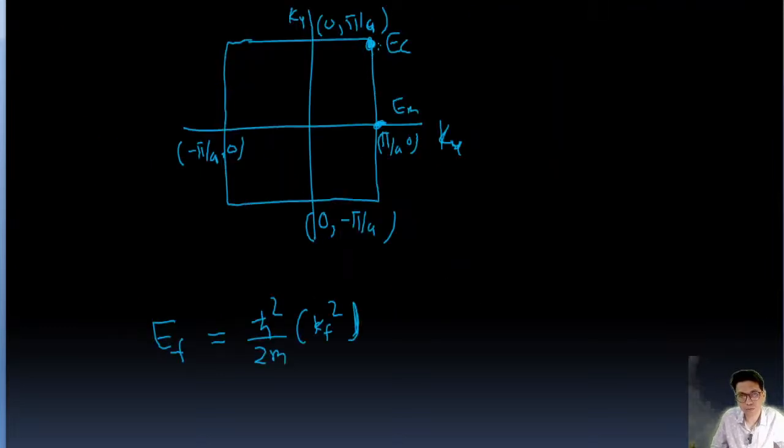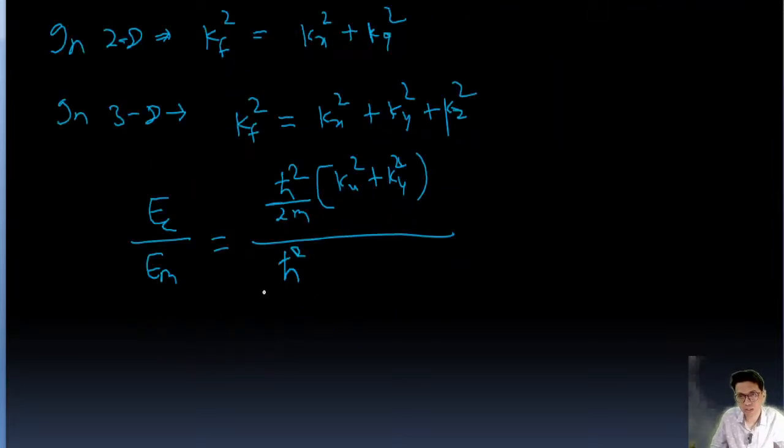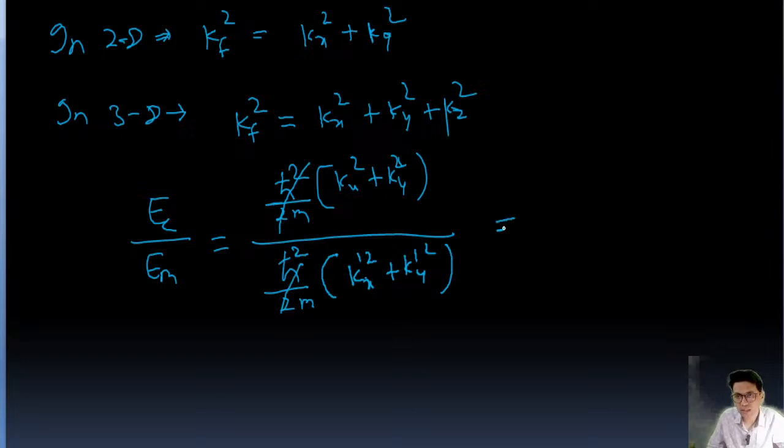And here it is going to be ħ squared upon 2m into k'x squared plus k'y squared, because these are different, right? So this will get cancelled, and kx squared plus ky squared value, this we know, right?